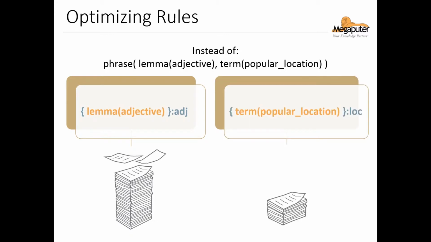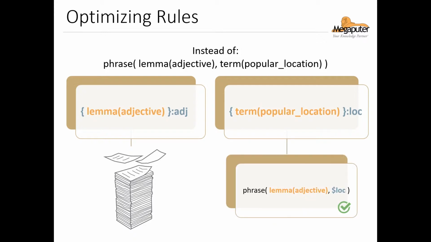Maybe instead, we first search for the term popular location, which will actually filter out plenty of results that don't even discuss the topics we're searching for. This way, you end up running the phrase function on fewer documents. And since phrase is more resource intensive than the functions term or lemma, this approach helps us speed up our node execution time.